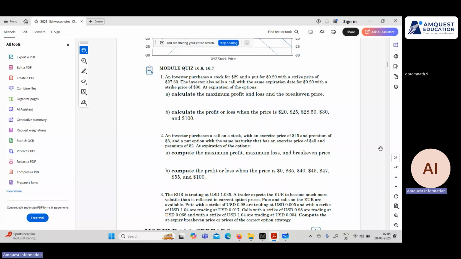So my first question to you is, before you begin doing things, just by reading the first three lines, what did you get? Which strategy is it? It's a combination of a protective put plus he's short a call.